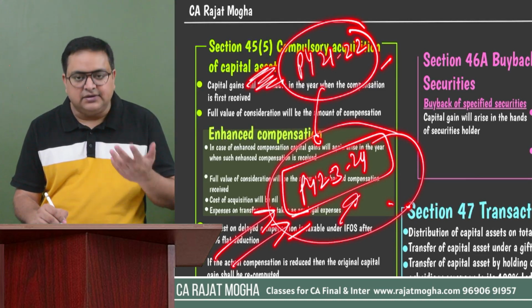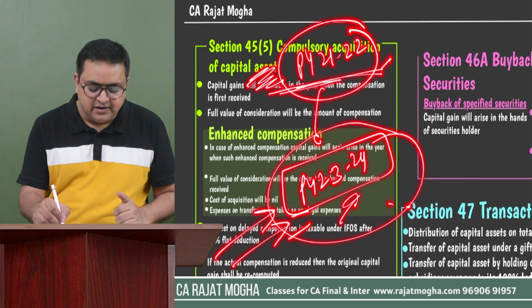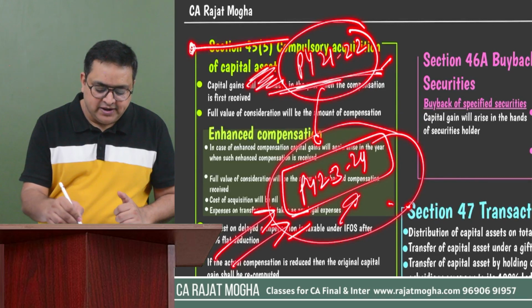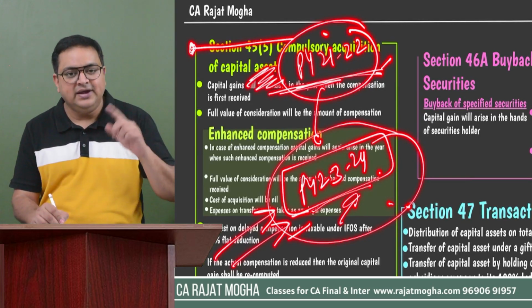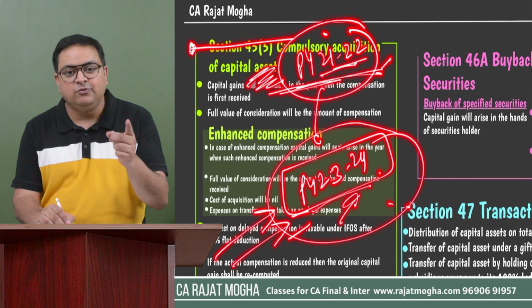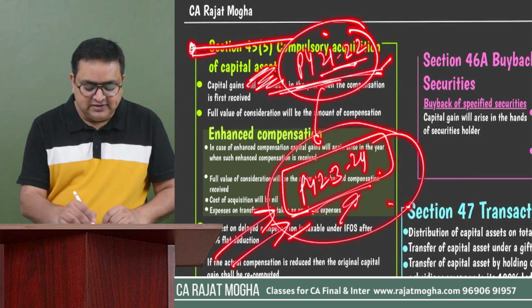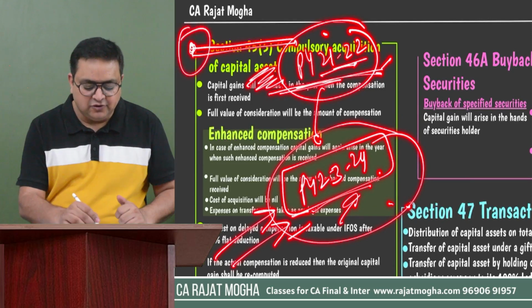And what would be the holding period? You have to take the holding period till here. Let's say you acquired it somewhere over here, and you take the holding period till 21-22, because the asset was transferred in that year. If it is long term, then you have to index the cost also.